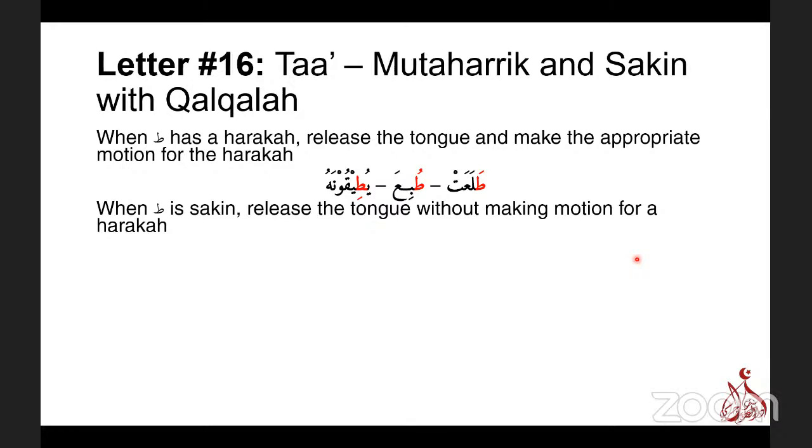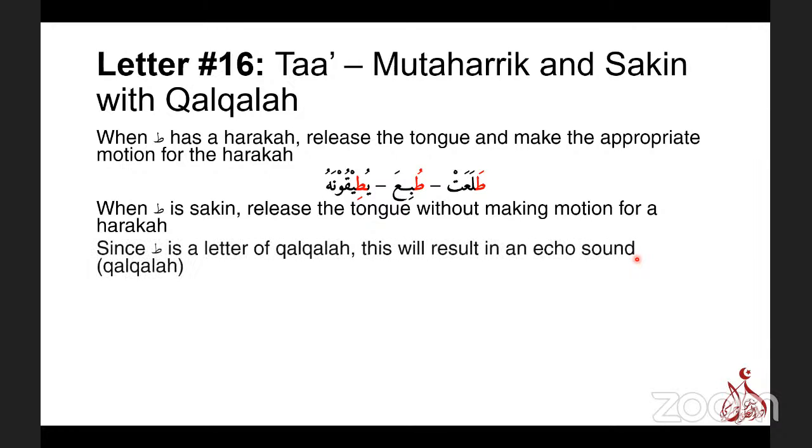But since Ta is a letter of qalqala, as in qutbu jaddin, you have to release the tongue, but make sure you don't make any motion for a fatha, dhamma, or kasra. Since Ta is a letter of qalqala, you will have to make an echo sound. The way to make the echo sound is to release the tongue from the area where Ta is pronounced from, but don't do anything else.